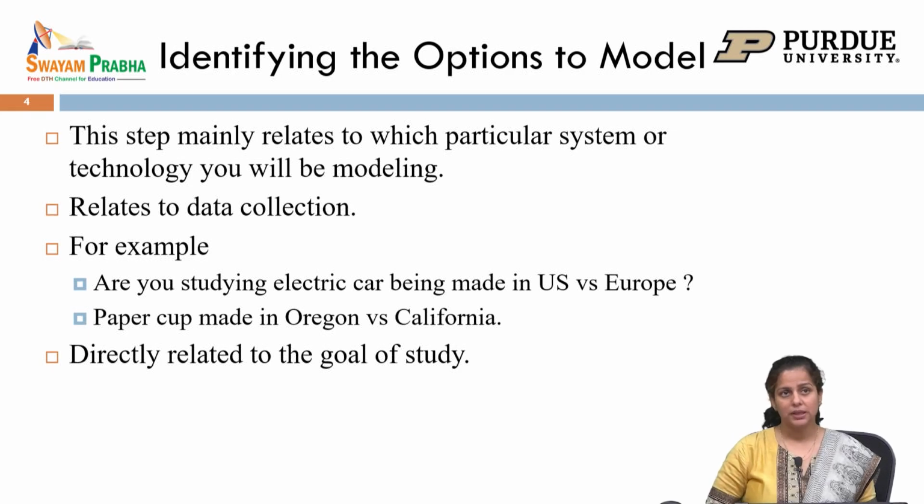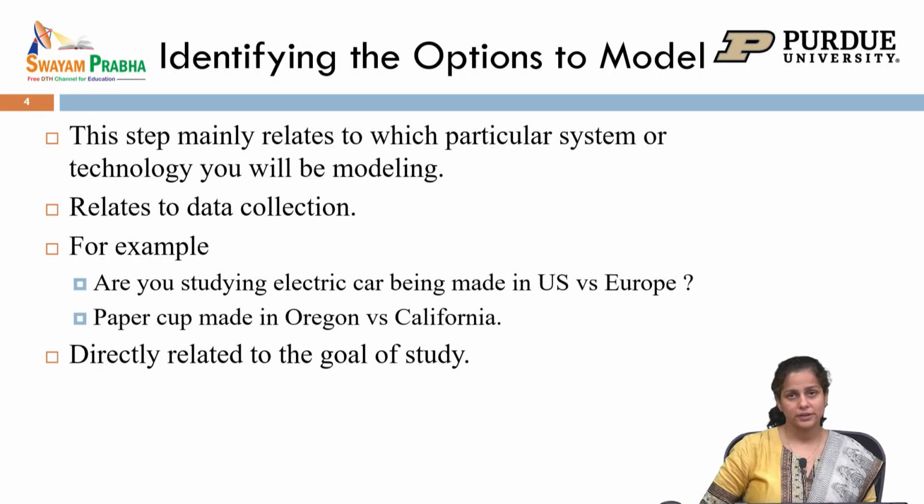For example, if you are studying an electric car being made in the US versus Europe, the model that you would be developing, the technology that you might be using, will be very different. Similarly, a paper cup made in Oregon versus California, which are two different states, or a paper cup made in Kolkata versus Chennai, would also be very different.